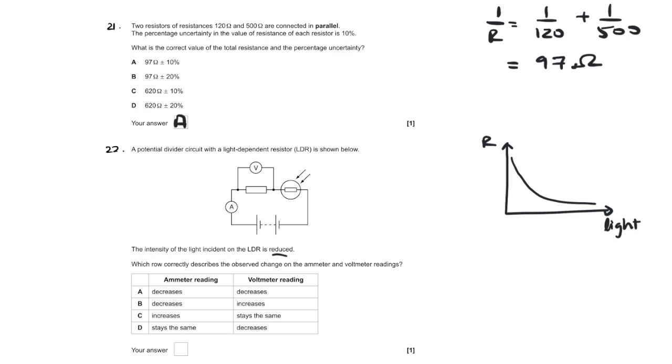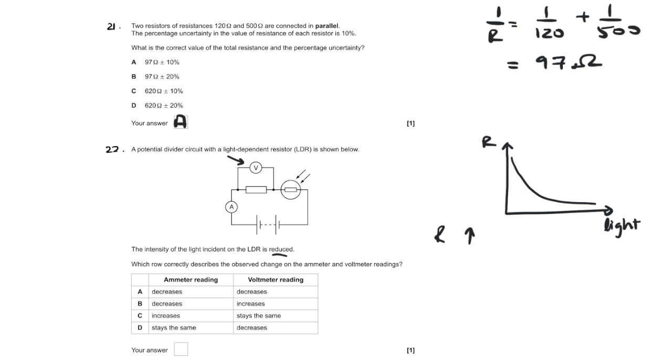If the intensity of the light is reduced, then resistance is higher, and the voltage across the LDR is also higher. So the voltage on the voltmeter here would therefore decrease.